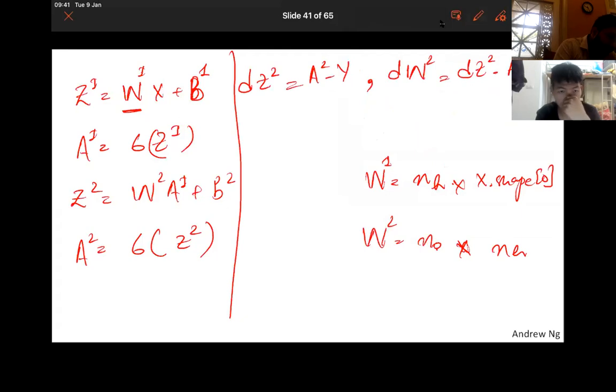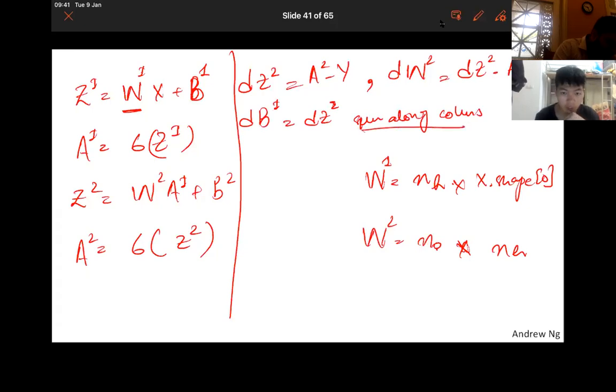Similarly, dB2 would be dZ2 summed along columns.